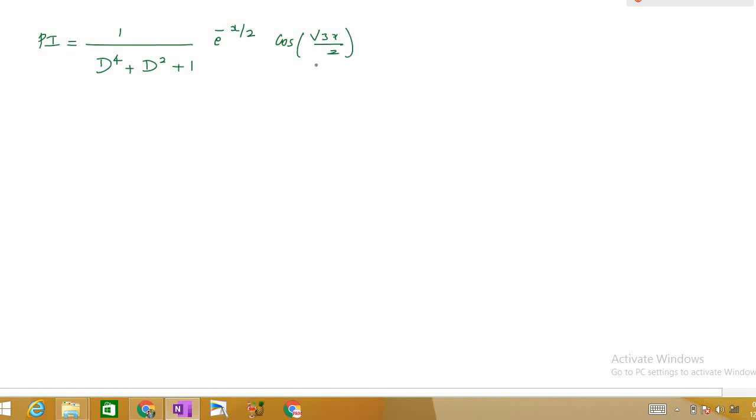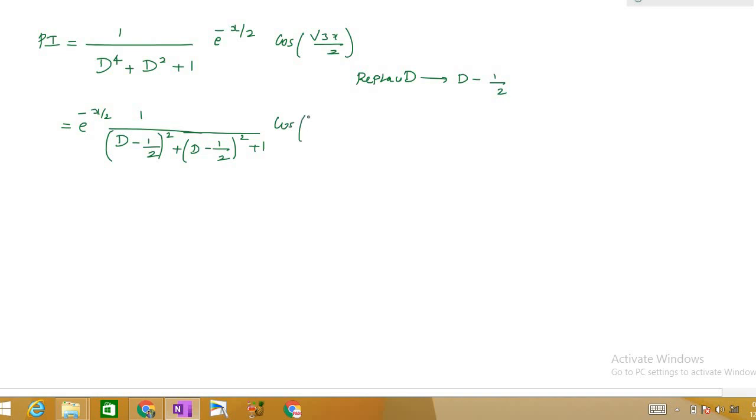First you have to replace d by d minus 1 by 2, because here a is minus 1 by 2. Now you can bring e power minus x by 2 outside. Then we have 1 by d minus 1 by 2 whole power 4 plus d minus 1 by 2 whole square plus 1, into cos root 3x by 2.